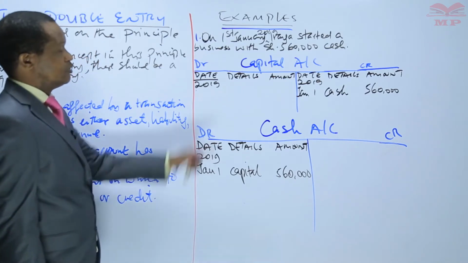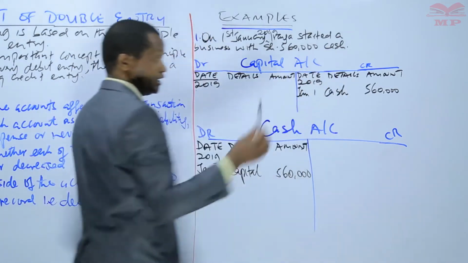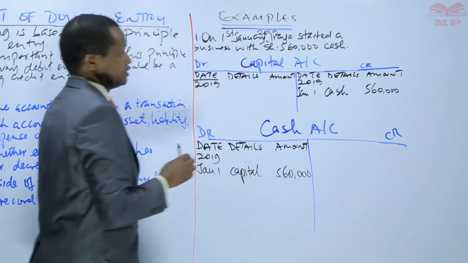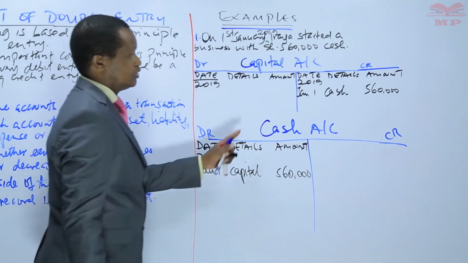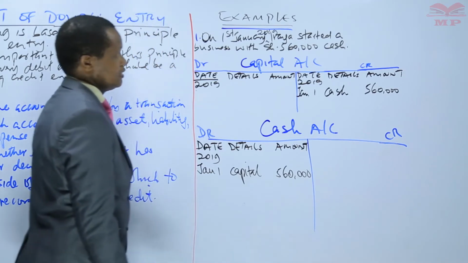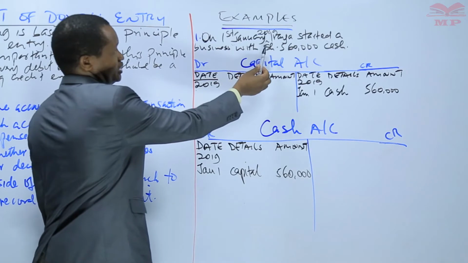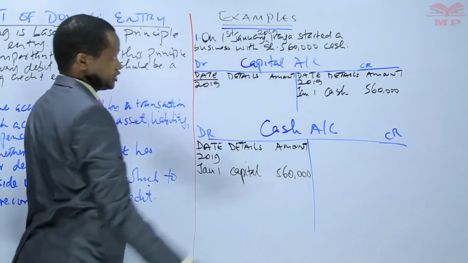We have one transaction, two entries, double entry. Every transaction has a dual effect on the accounts of a business. So that is how to record this transaction: on 1st January 2019, Iraya started a business with 560,000 shillings cash.